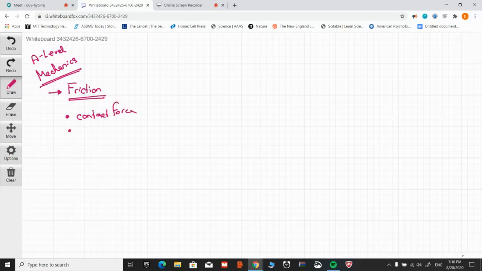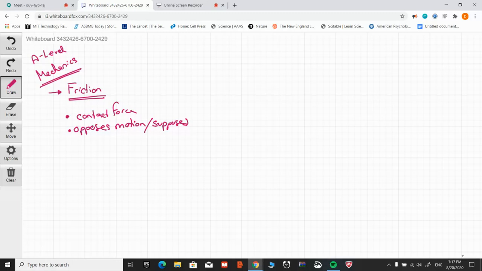It opposes motion or supposed motion, meaning even if the object is not moving, friction would act in a direction where, if the friction was to be eliminated, the object would move, right?